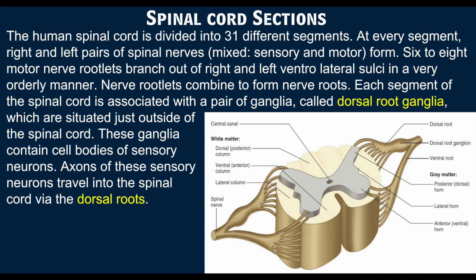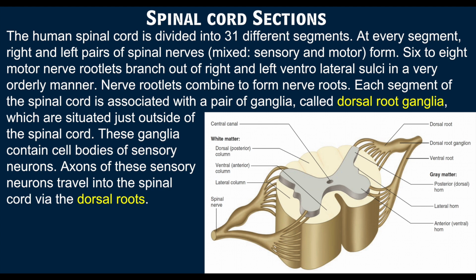The human spinal cord is divided into 31 different segments. At every segment, right and left pairs of spinal nerves form, that is, mixed sensory and motor nerves. 6 to 8 motor nerve rootlets branch out of the right and left ventrolateral sulci in a very orderly manner.